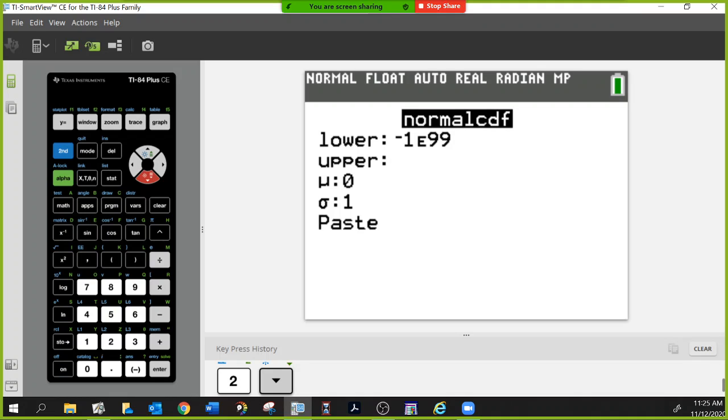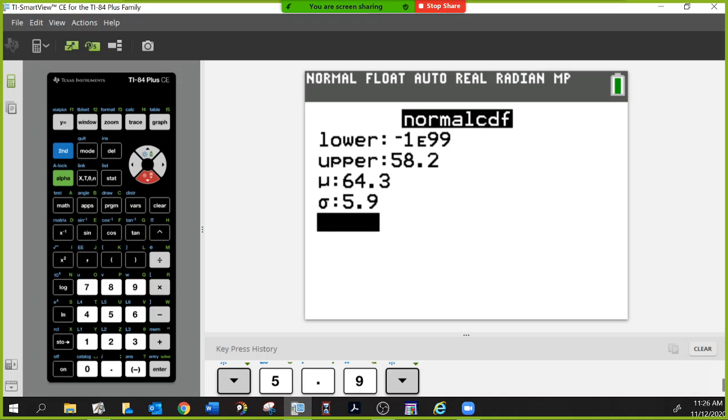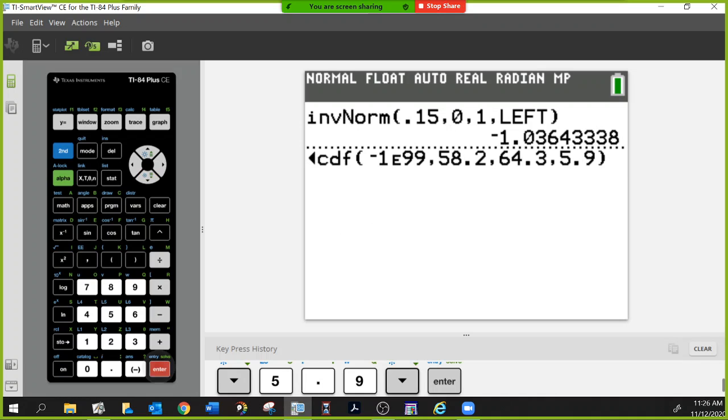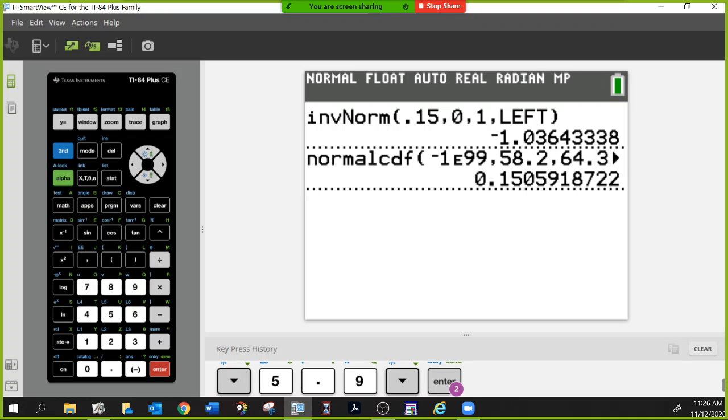Oh yeah, 58.2. I'm sorry, yeah, 58.2, thank you. The mean that we just found is 64.3. And our standard deviation was given to us, 5.9. I'm demonstrating that this should give me back an area of basically 15%. This should show me that there is roughly 0.15 to the left of the number 58.2. I'm just verifying that it works. This should be darn near 0.15. See, it's pretty close.